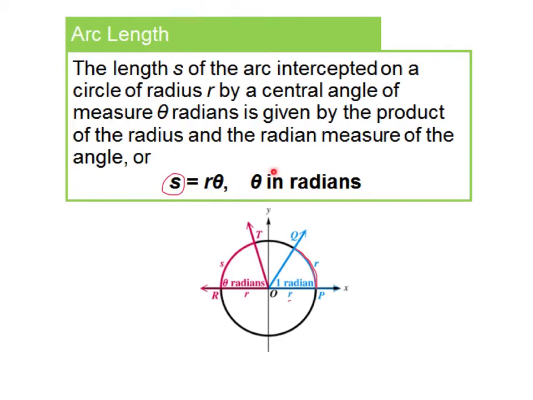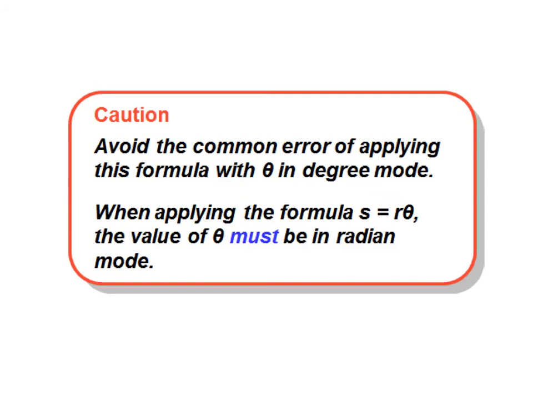The idea here is that theta, which we've been thinking of as our degrees, has to be represented in radians. One of the biggest mistakes that students make is that they are given some theta in degrees and they work with that value rather than converting. You absolutely must convert this to radians before you actually start doing the calculation for arc length.